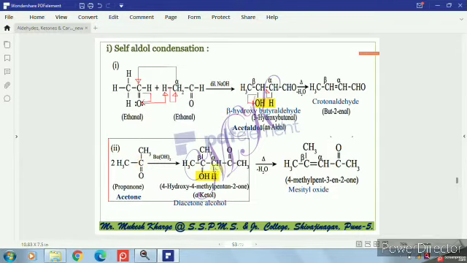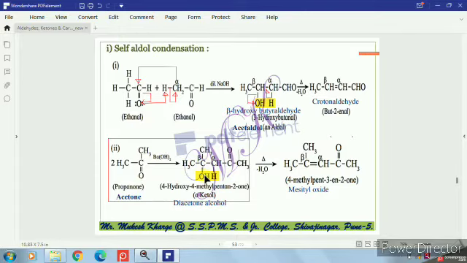So what do we get? 2 CH3 remain as they are, then CO gets converted to COH, then CH3 becomes CH2 because that hydrogen is shifted to this oxygen, and the remaining things remain as they are for the second molecule.